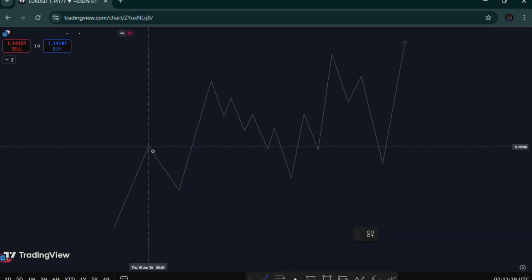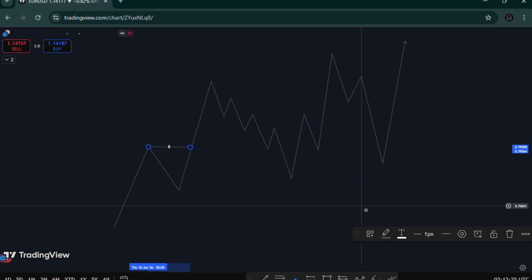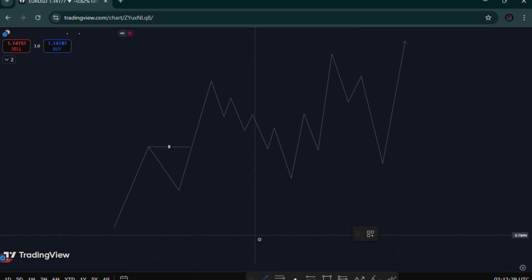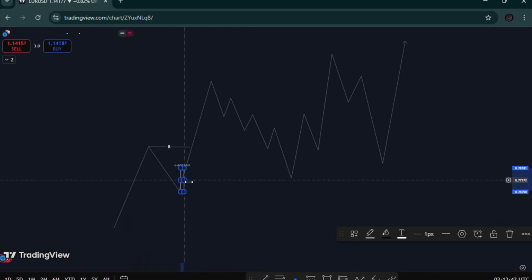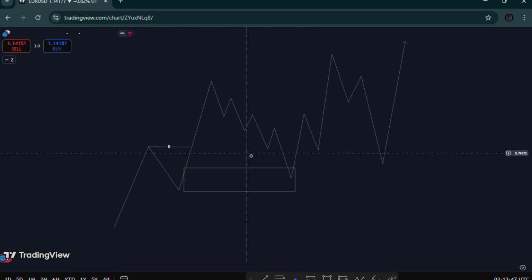Looking at this, we have a bullish break of structure, which is continuation to the buy side. And once we see this continuation to the buy side, we understand that at some point price will come back into a discounted level of demand before the continuation to the buy side.